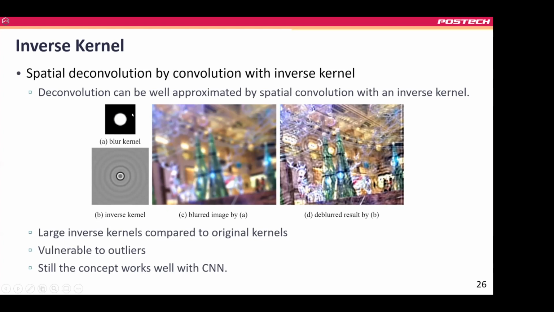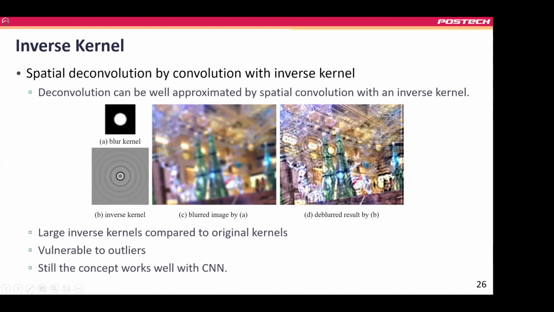But when we try to use it, we found that usually the inverse kernel is much larger than the blur kernel. Also, the convolution with the inverse kernel is very sensitive to outliers.